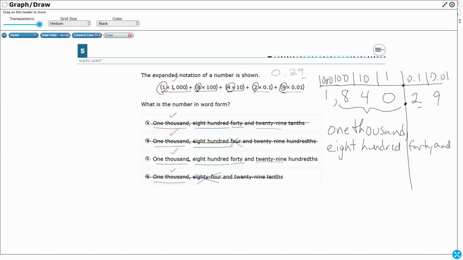And then, like I said, you put those two together. You read those together, 29, and then you say that place value name, hundredths. Make sure you get the THS, which we did right there. So that is our answer, C.